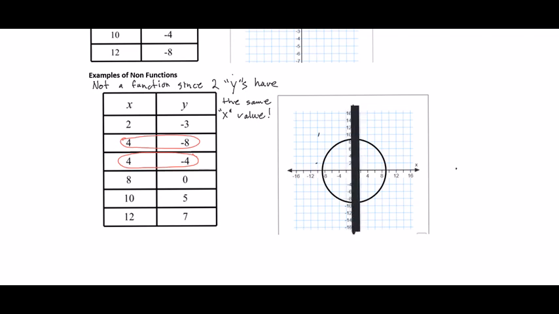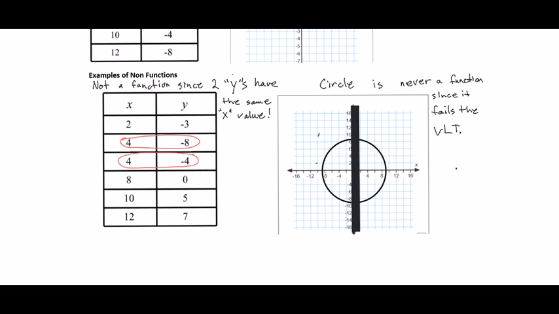Much similar to what we found here: one x value with 2 different y values. So this circle, based on our vertical line test, shows us that this is not a function. So you just say the circle isn't a function, since it failed the vertical line test. And anytime you see a circle, you'll always have a vertical line test that fails.